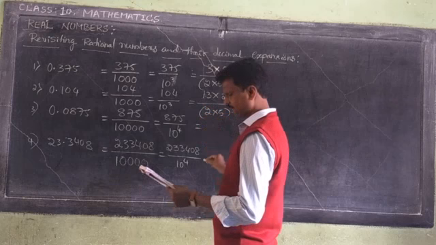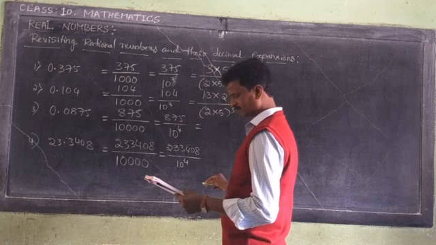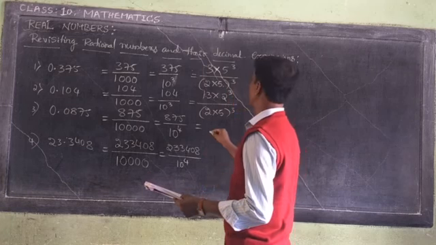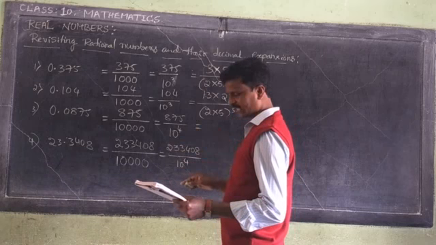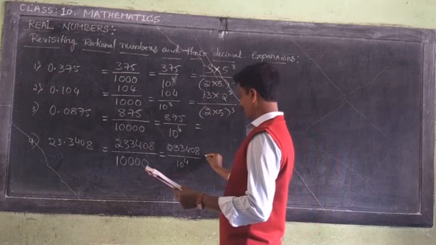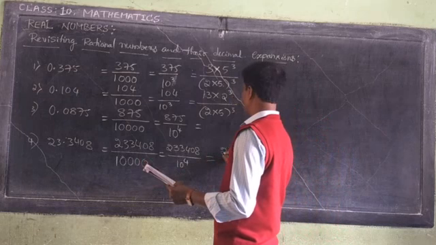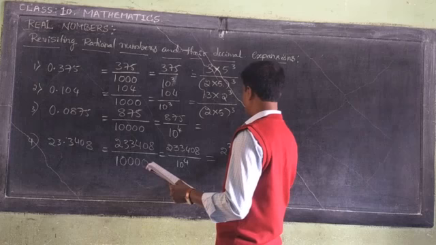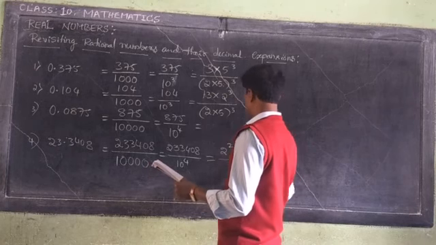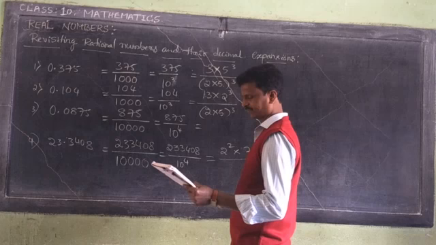Then 875 can be written as 5 cube into 7 divided by 10 to the power of 4.